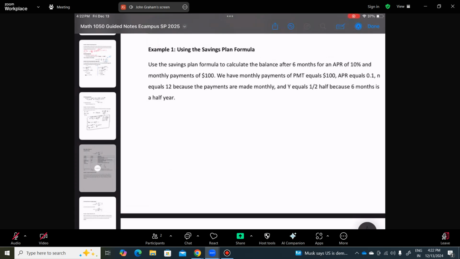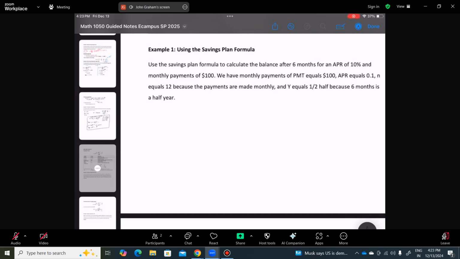For example: use the savings plan formula to calculate the balance after 6 months for an APR of 10% and monthly payments of $100. We have monthly payments equal to 100, so our payment is 100. Our APR equals 0.1 because it's 10%.